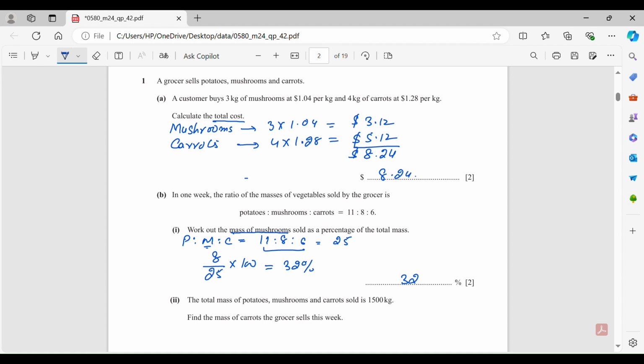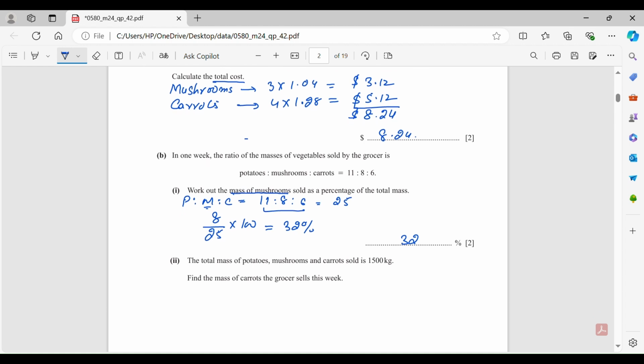Next, second part of B. The total mass of potato, mushrooms and carrot sold is this. So find the mass of carrot. Carrot is 6 out of 25.